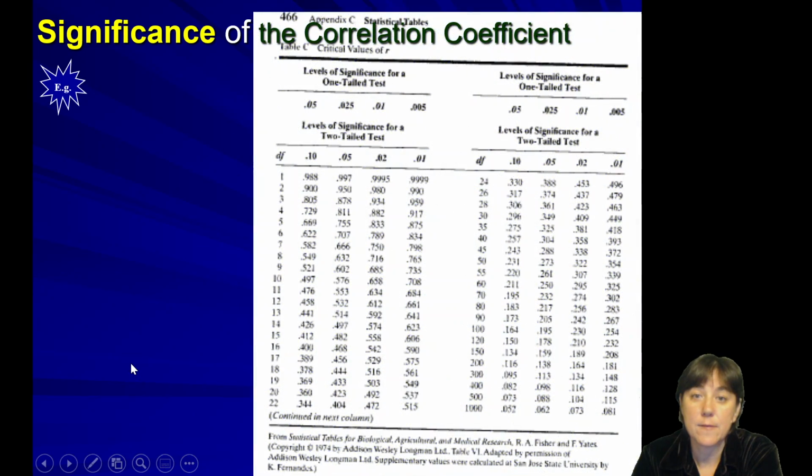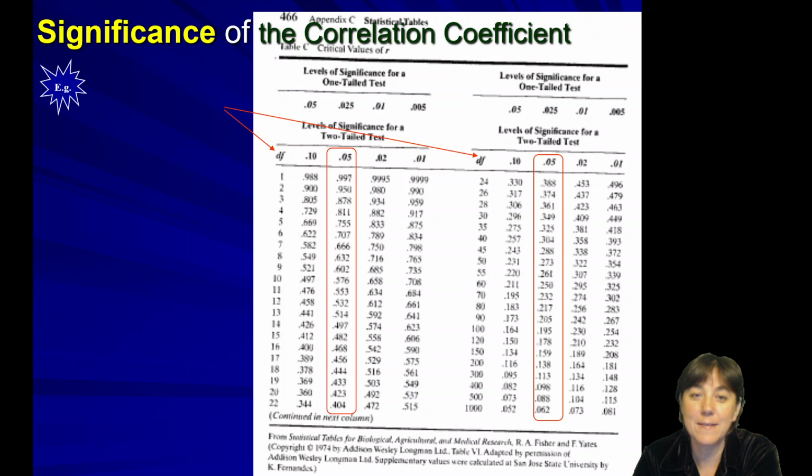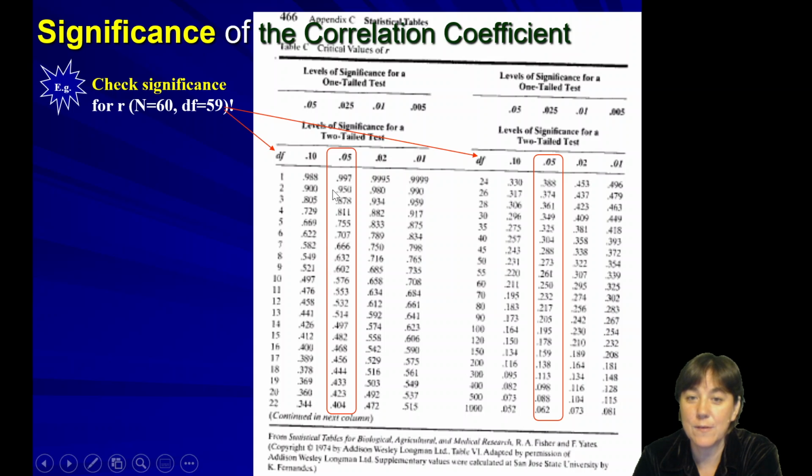Okay, so let's make a quick round. Again, we pre-chose our level of significance. Now, look what I did here. I simply raised the number of elements from 6 to 60. So the degree of freedom is now not 5, but 59. 59 is here.